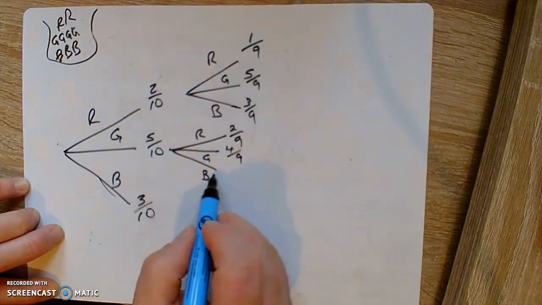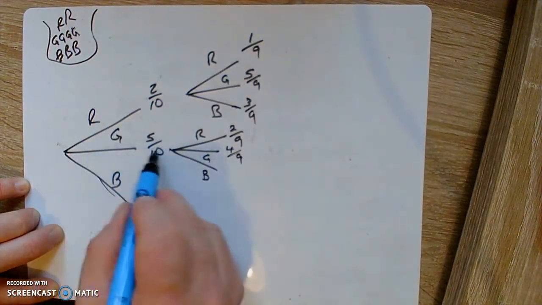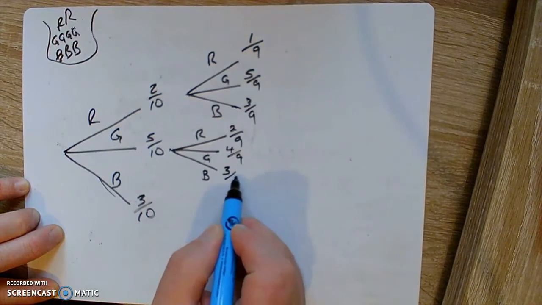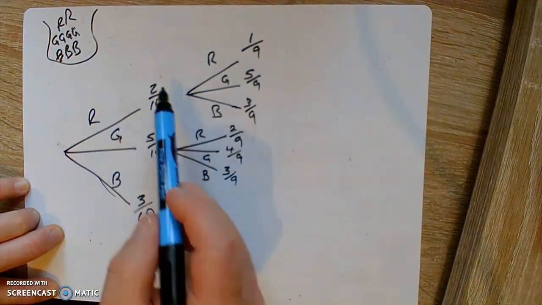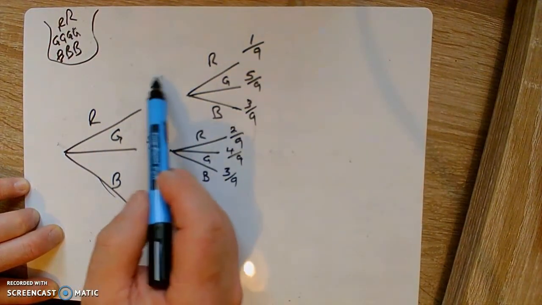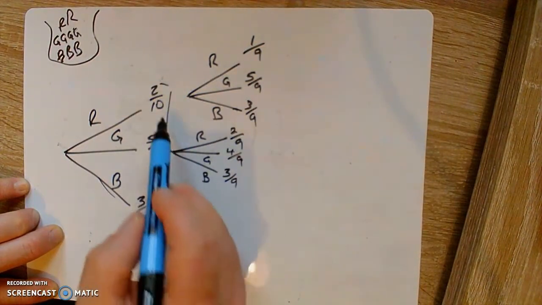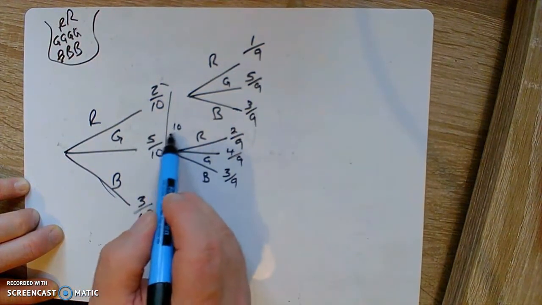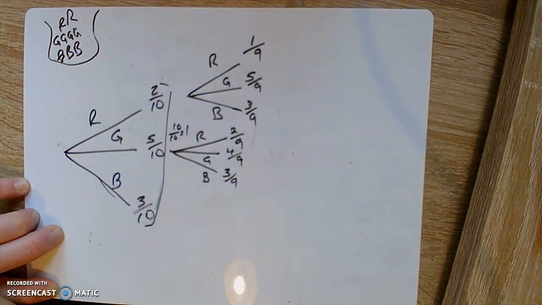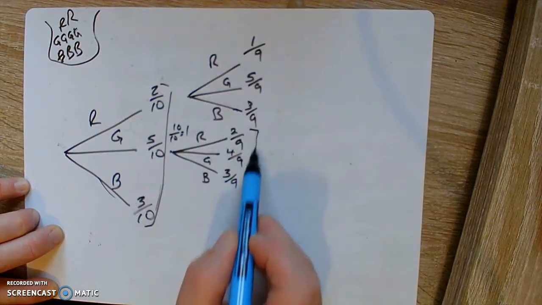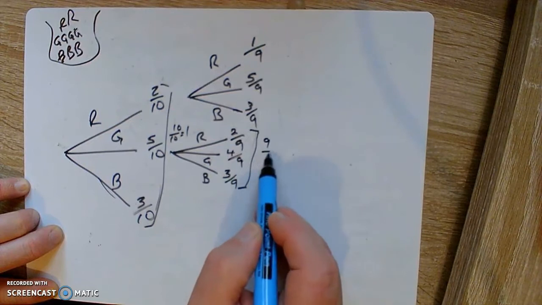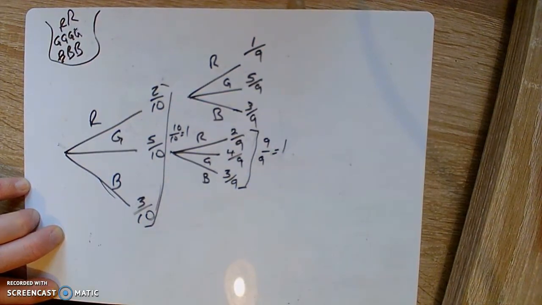And if I pick a blue one out, following that, I've got still 3 left out of 9. And again, like before, if we total this column here, that's going to add up to 10 over 10, which is going to equal 1. If I total this column here, that's going to add up to 9 over 9, which again equals 1, as probability is always out of 1.